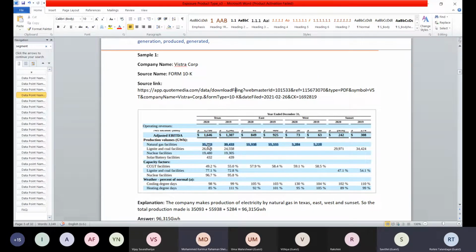In every case, with multiple locations, you have to add all the values for 2020: 35093, 55938, and 5280. You need to add all the generation and mention it under the data point natural gas electricity generation.